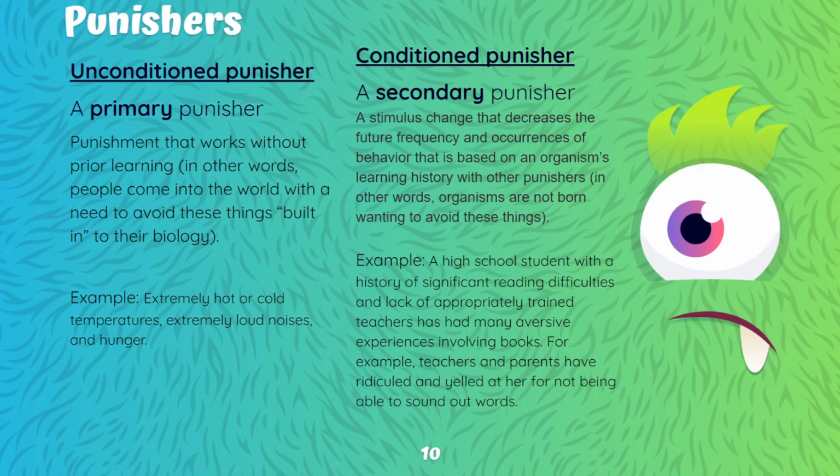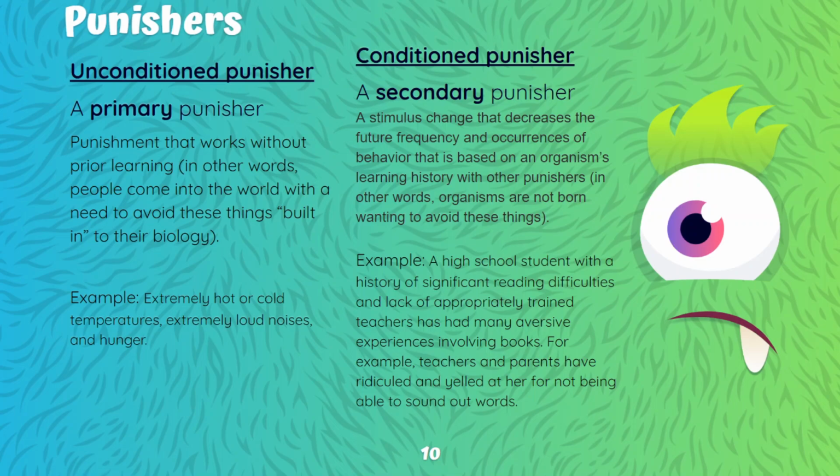For example, people generally want to avoid extremely hot or extremely cold temperatures, extremely loud noises, or hunger. Whereas a conditioned punisher, also known as a secondary punisher, is a stimulus change that decreases the future frequency and occurrence of behavior based on an organism's learning history with the punisher. In other words, organisms are not born wanting to avoid these things.